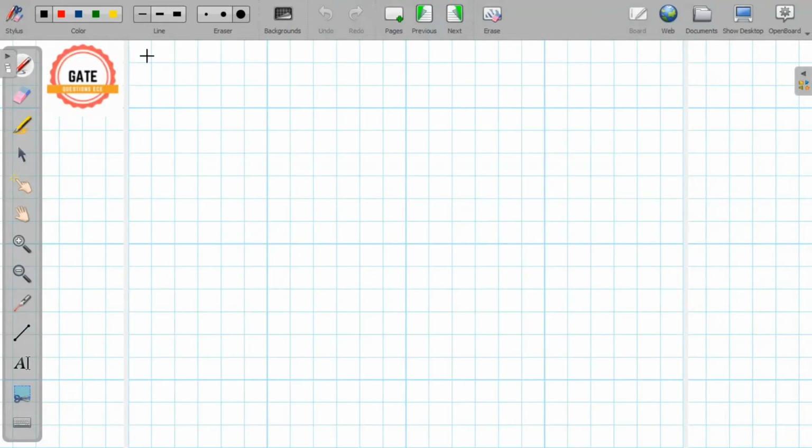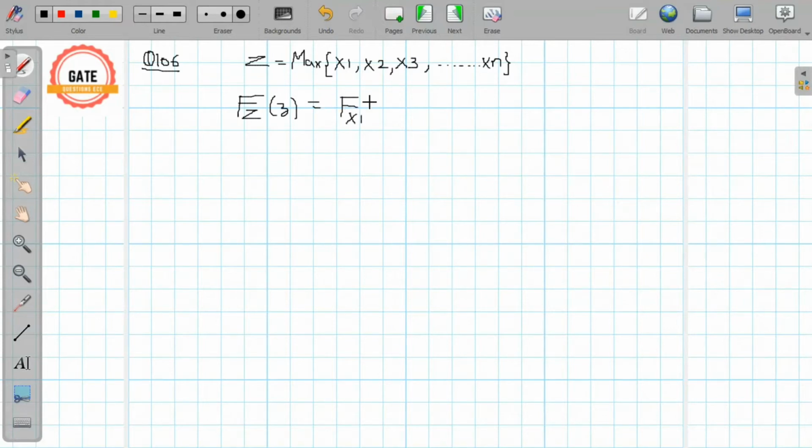We know from the discussion in question number 106, if Z is equal to maximum of X1, X2, X3 up to Xn, n random variables, and all of these are mutually independent, then the CDF of Z will be equal to the product of the marginal CDFs of X1, X2, X3 up to Xn.